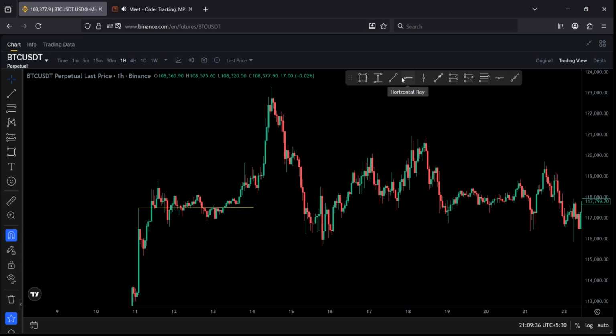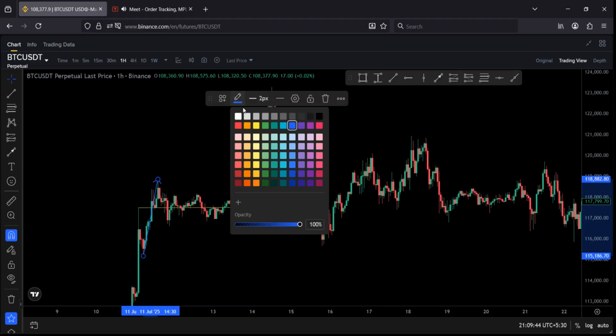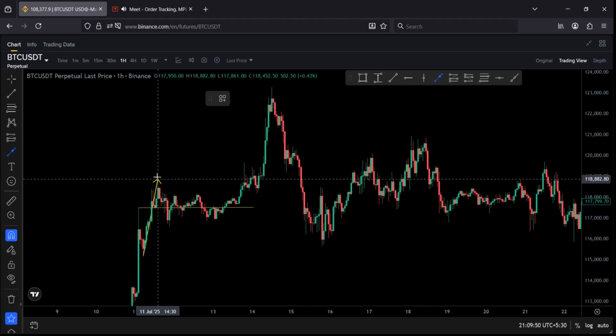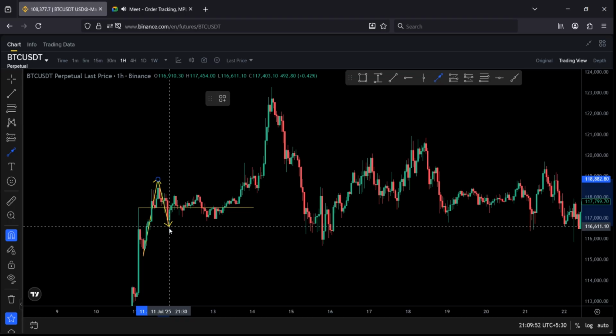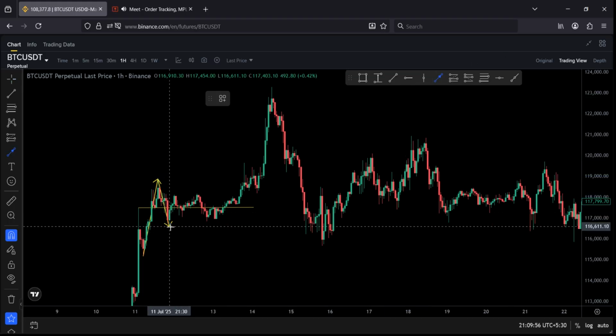Price is going up like this. Let's change the color to yellow. Okay, then coming down like this, then going up again.